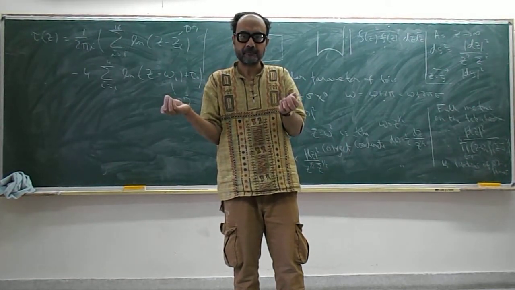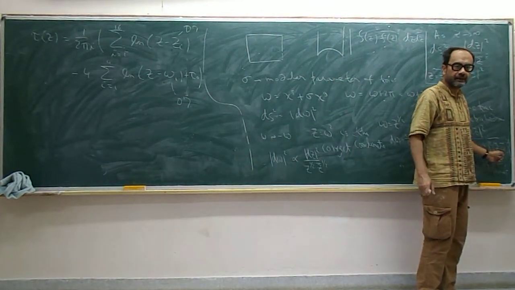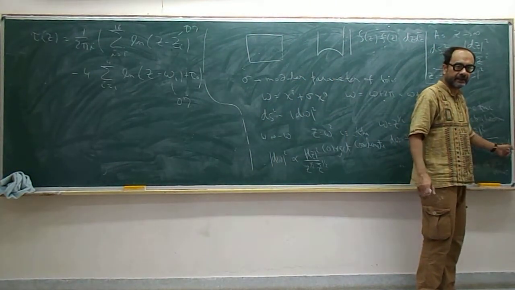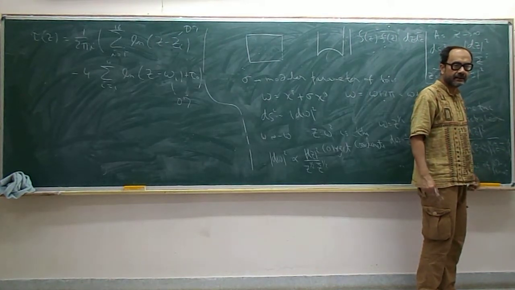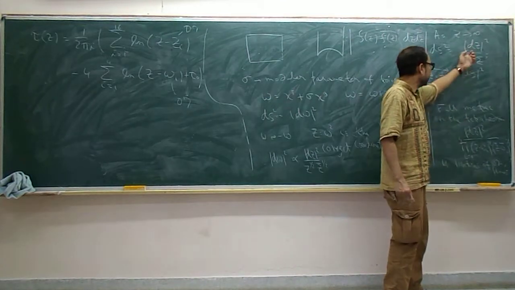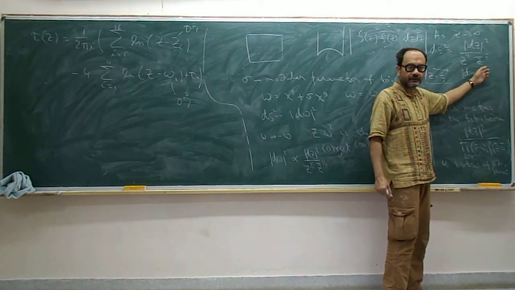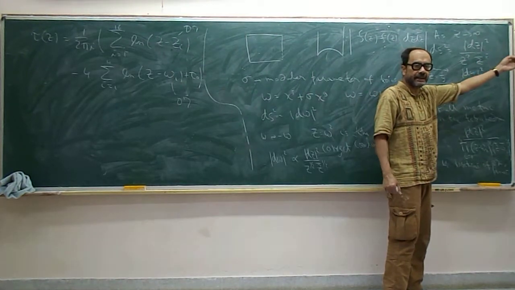Those singularities will be of this kind, with various powers of z minus zi and z bar minus zi bars. The condition that they have to satisfy is that as z goes to infinity, this should fall off as this. Otherwise, there will be curvature concentrated also at z equal to infinity.